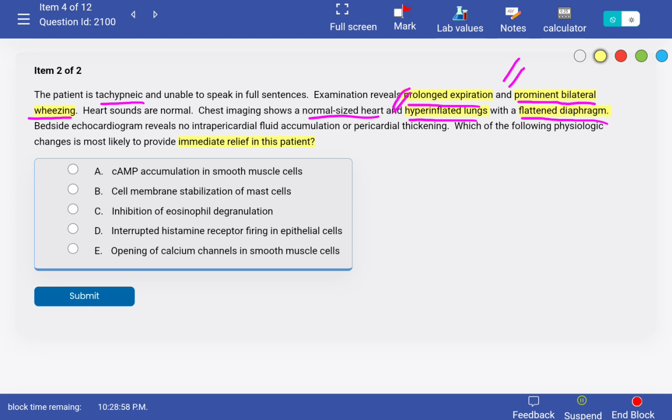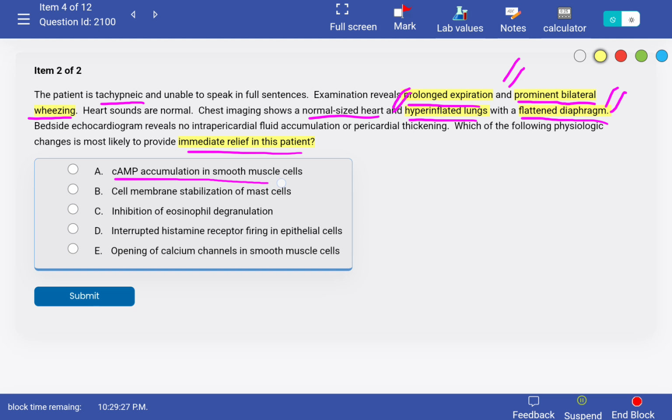This is pointing to COPD. Bedside echocardiogram reveals no intrapericardial fluid accumulation or pericardial thickening, so they are eliminating tamponade or pericardial effusion. Which of the following physiologic changes is most likely to provide immediate relief in this patient?